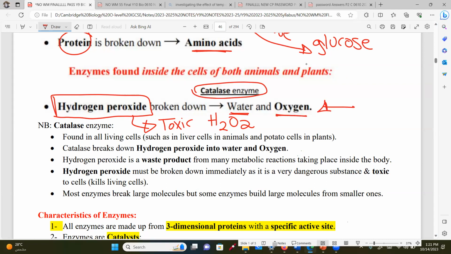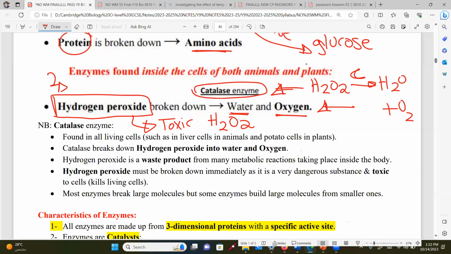You need to only memorize the word equation for this reaction, which is hydrogen peroxide, which is very toxic and very poisonous, is broken down in your body by the catalase enzyme into two harmless products, which are water and oxygen. If you want the chemical formula, because some of you are curious, it's H2O2 broken down by the catalase enzyme to give me water and oxygen.